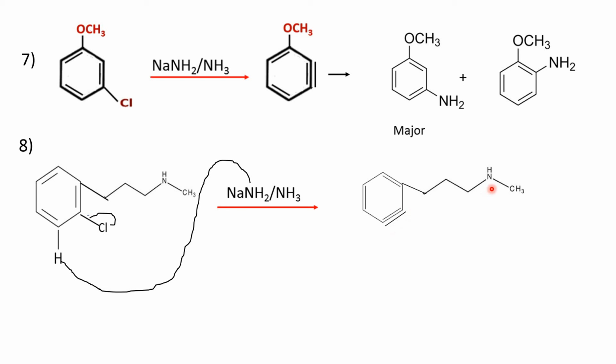Now what happened? This lone pair of electrons of nitrogen attacks the nearest carbon. That means compared to this one, this is nearby. This attacks this carbon atom and this bonded electron pair shifts to form the carbon atom. So this is the situation. And then the final product will be this one.